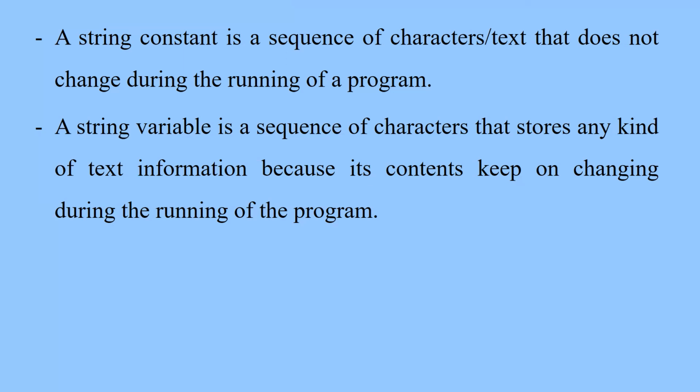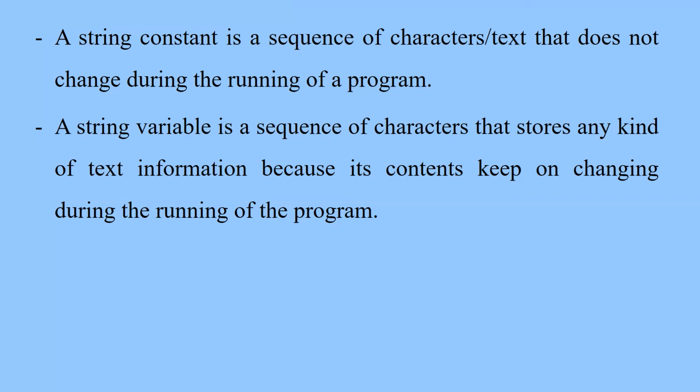If a memory location is going to accommodate different types of text or different names, for example, names of people, the same memory location is being used to hold the name of the first student, the name of the second student, the name of the third student, but one at a time, then we call that a string variable. A string variable, varying, changing.